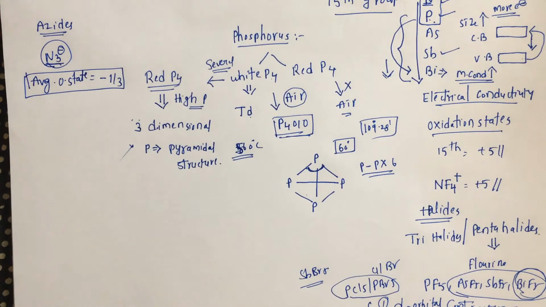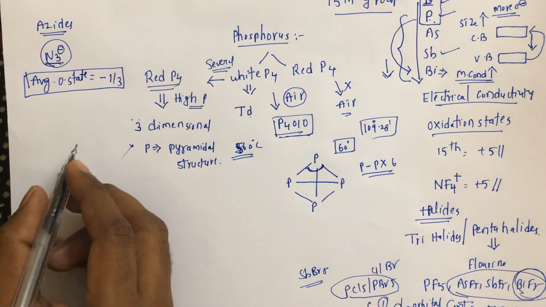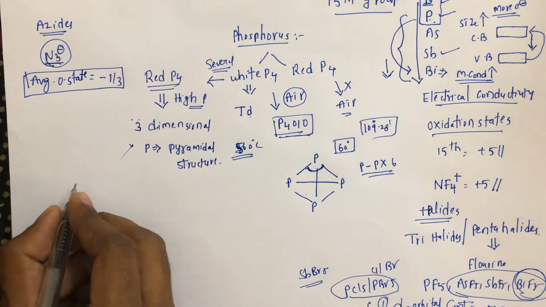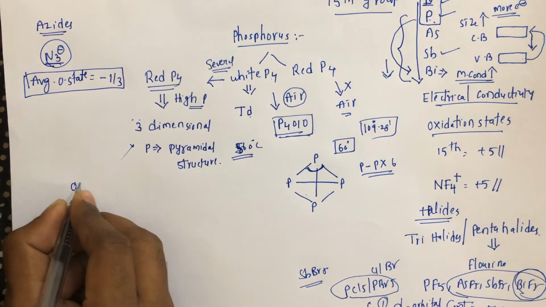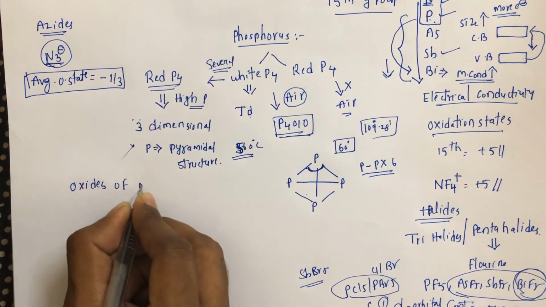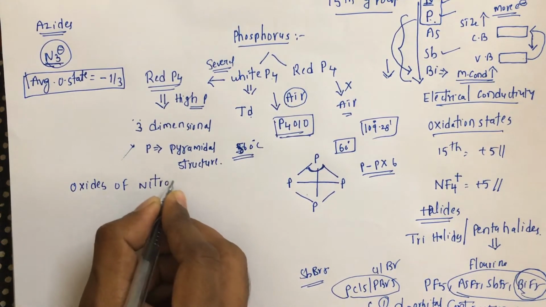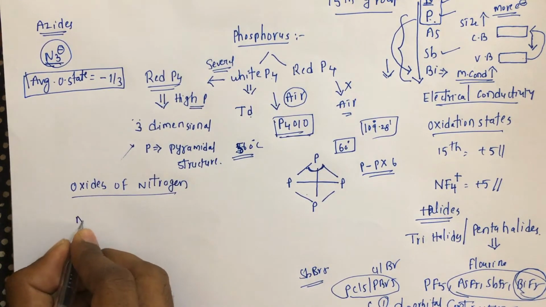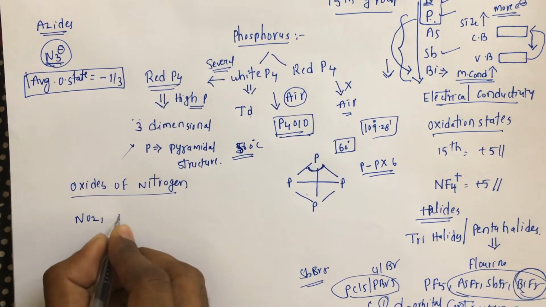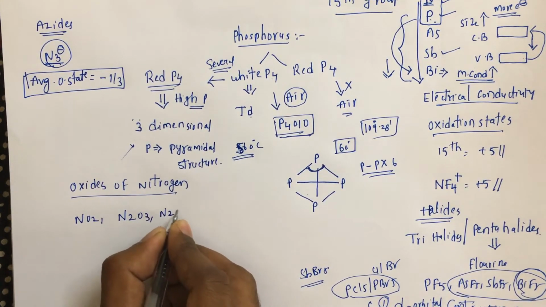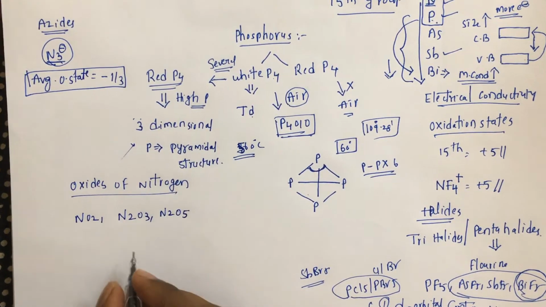Next we are going for the oxides of nitrogen. Here we have NO2, N2O3, N2O5. These are very important.